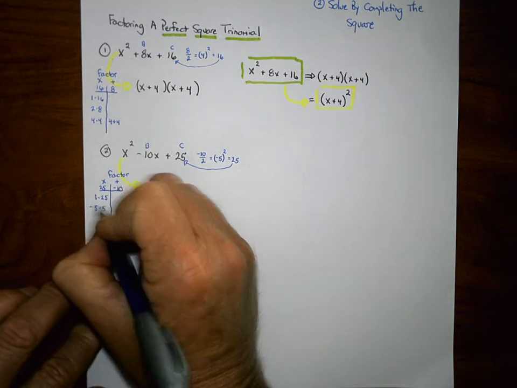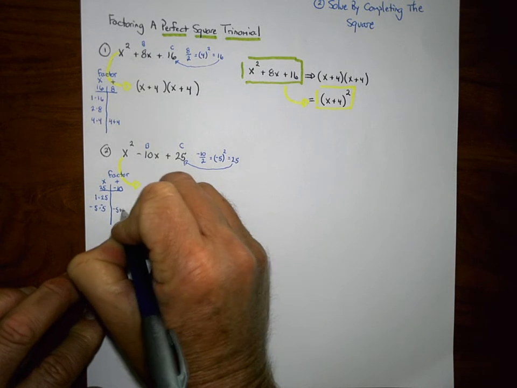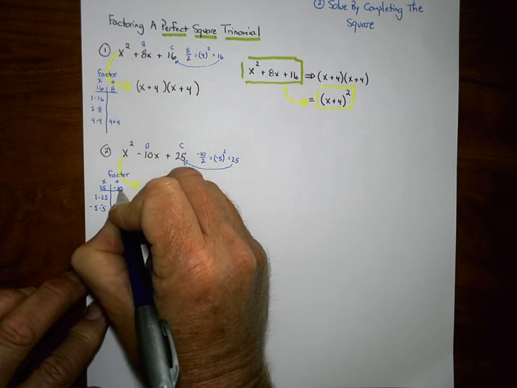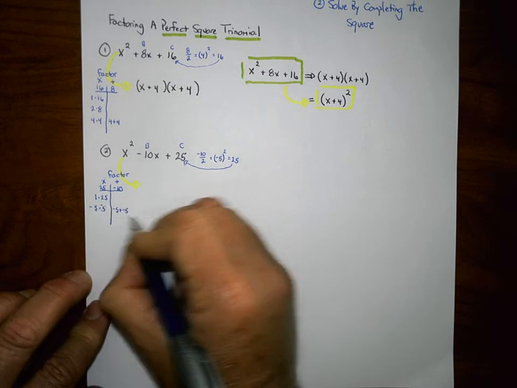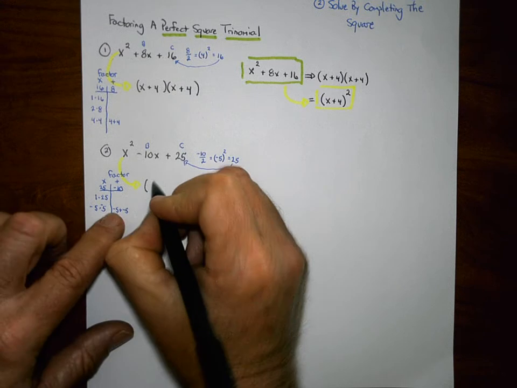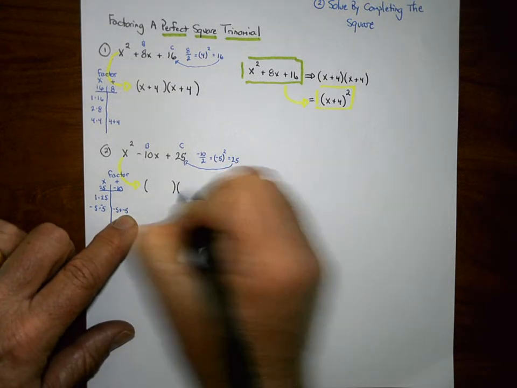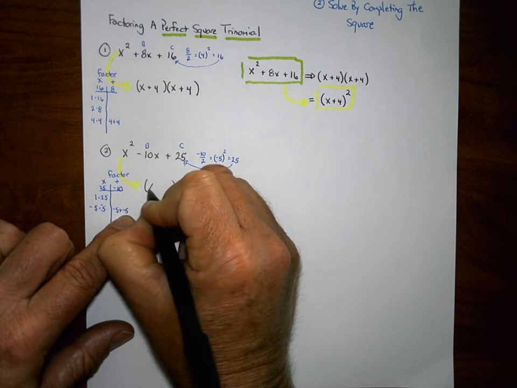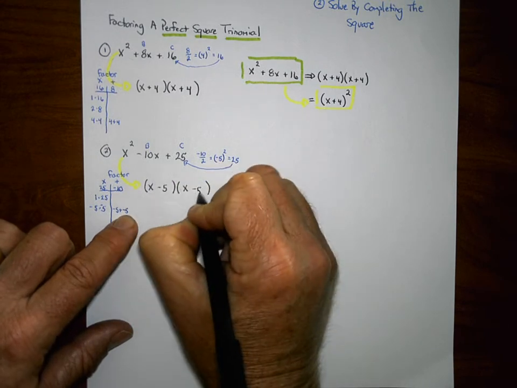Well, if you make both of the 5's negative, -5 plus -5 is -10. -5 times -5 is positive 25. So that means my two factors would be -5 and -5, and I would write it as x minus 5 and x minus 5.